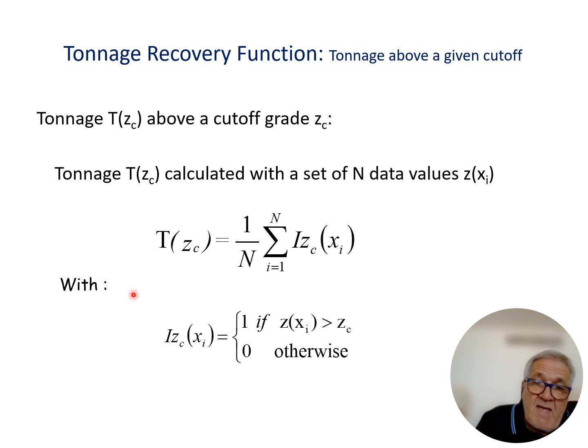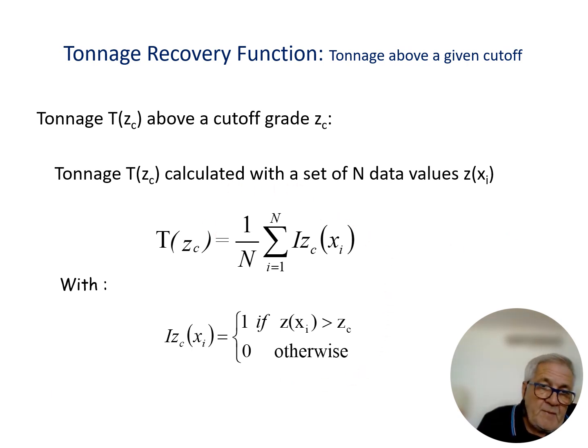So we create the indicator function that takes the value 1 if the grade is above the cutoff and 0 otherwise, and the tonnage above a given cutoff grade is nothing else than the average of those indicator values of zeros and ones here.